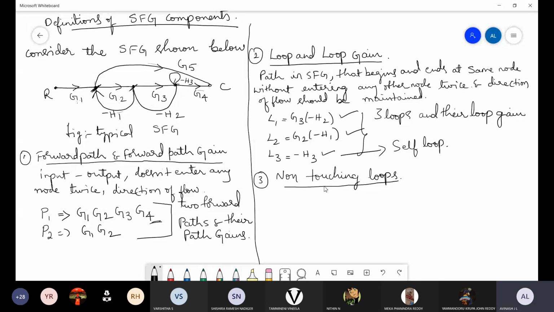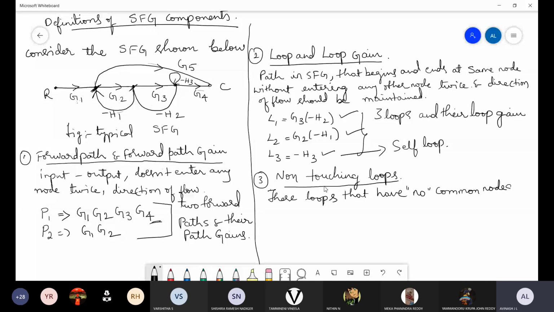Write down: these loops that have no common nodes.